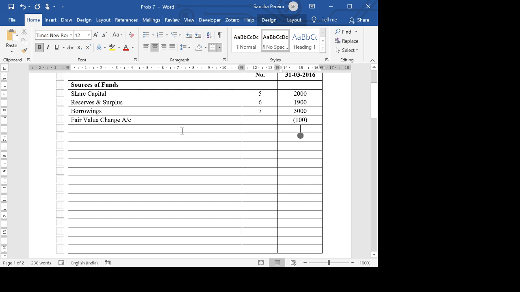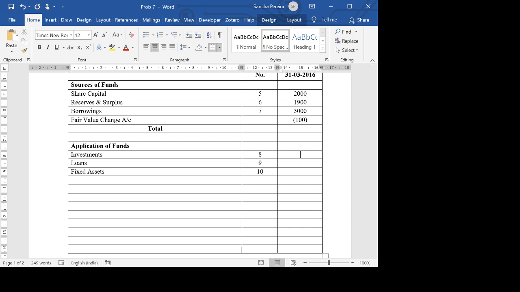Okay. So we get the total here. We will do the total a little later. Now we come to application of funds. Under this, the first thing that we have is investments, then we have loans, and then we have fixed assets. I always put these things together because it's easier to remember it that way. 8, 9 and 10.